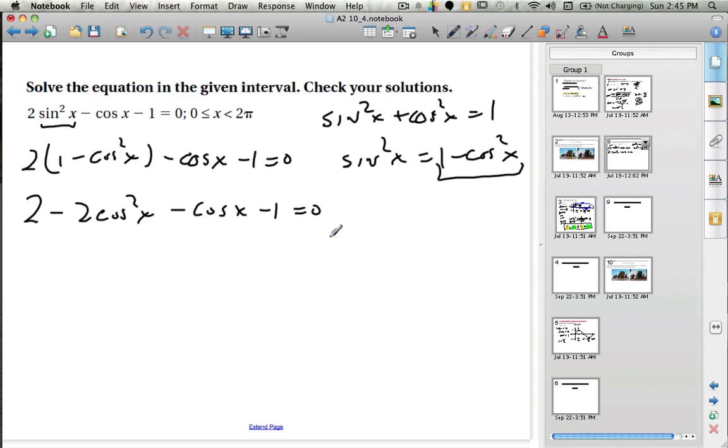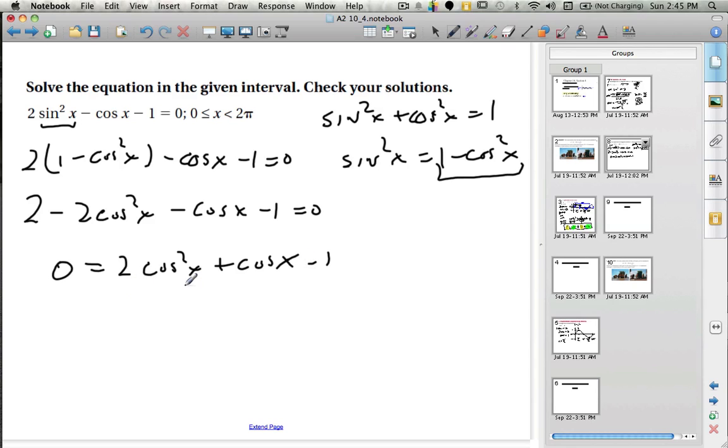I'm going to move everything to the other side. So it's going to be 0 over here because I want a positive leading coefficient, cosine squared x. I'm going to add cosine x to either side. And I had 2 minus 1, that's 1, and when I subtract it to either side, I get that. I want to see maybe if I could probably factor this. That looks pretty possible.